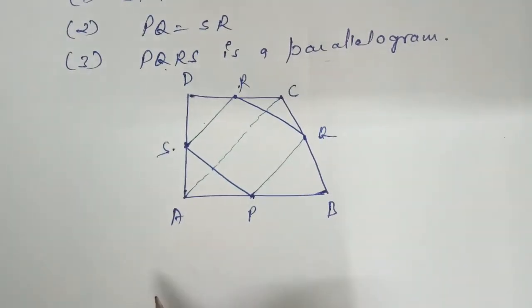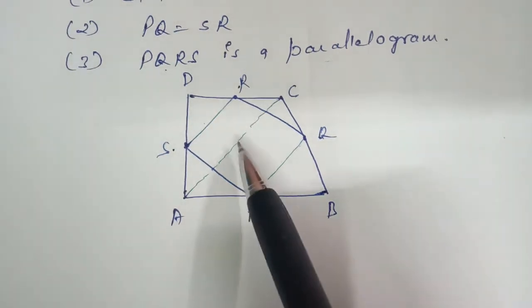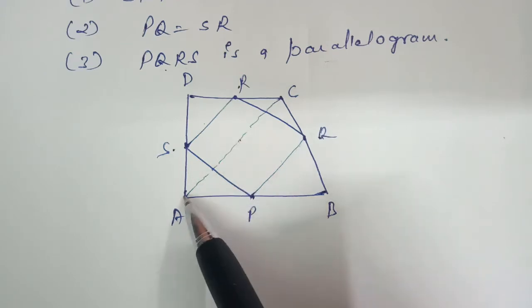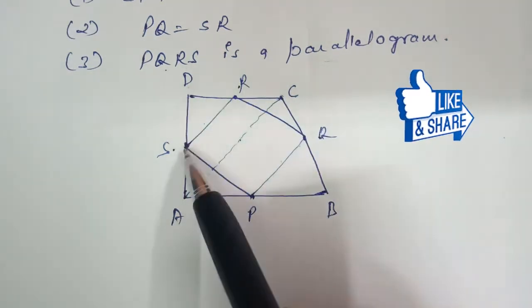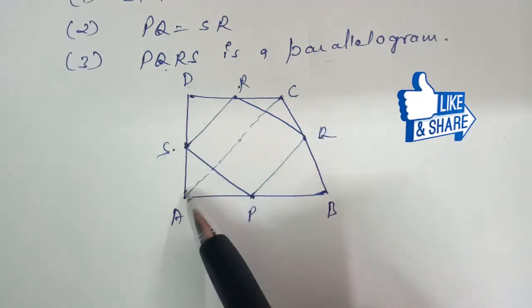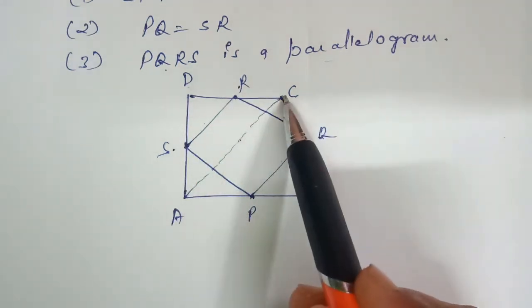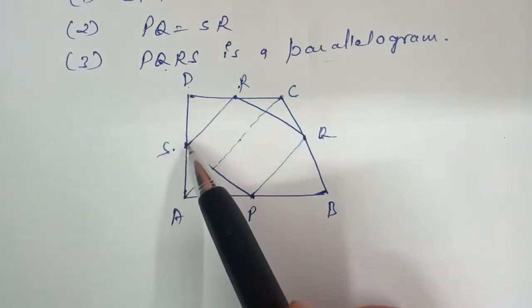Now we have to use the midpoint theorem. If we take this diagonal, we have the triangle ACD, and in this triangle we have S as the midpoint of side AD and R as the midpoint of side CD. So we can use the midpoint theorem.